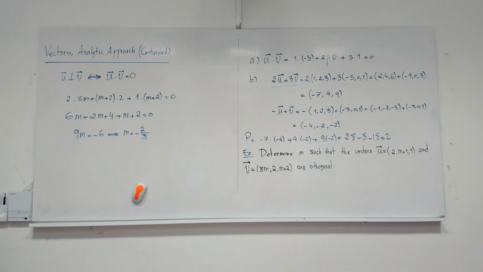Am I making some mistakes, because the number I calculated back then is different? Might be I have written it differently. Let me check. 2m plus 1 and 1, 3m, 2 and m plus 2. So 2 times 3m, yes. I don't see any problems right now here.